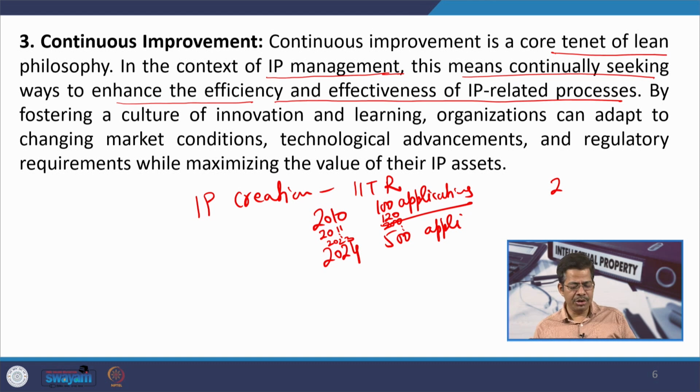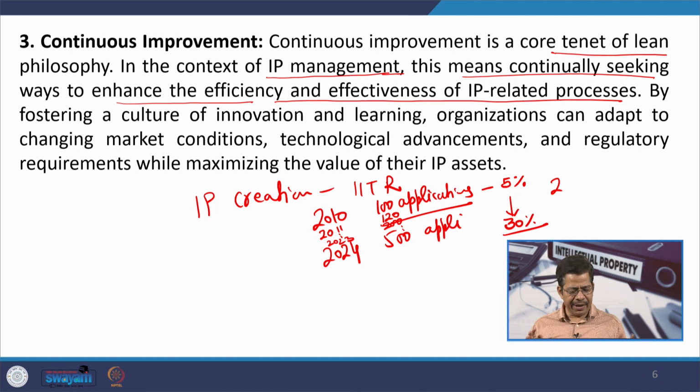How your filing to grant ratio, which was let us say 5% in 2010, has become let us say 30% in 2024. This is another measure of continuous improvement.